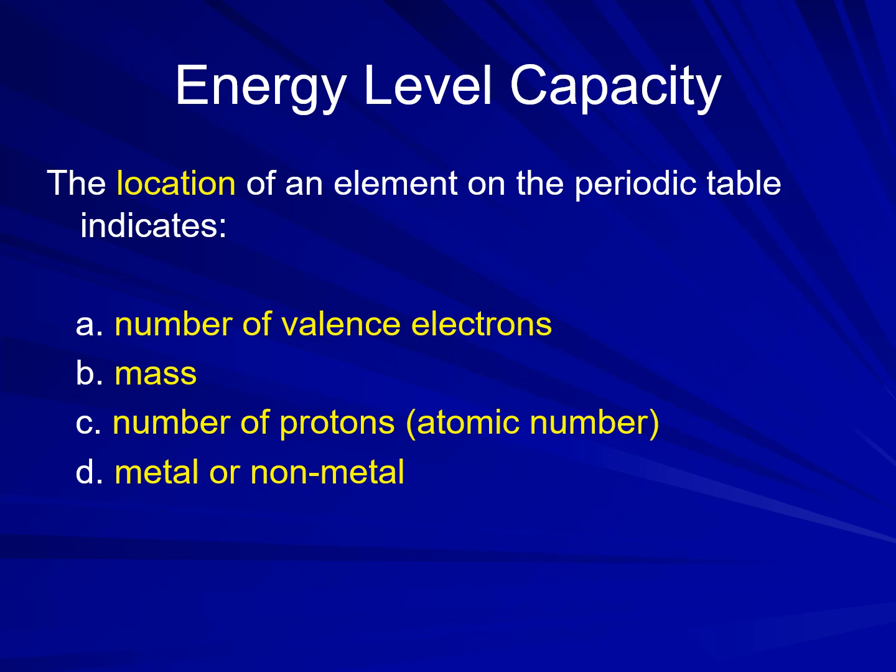So looking at the periodic table is going to give us a lot of information about not just the mass and the number of protons and whether or not it's a metal or a non-metal, but it's also going to tell us something about the valence electrons as well.